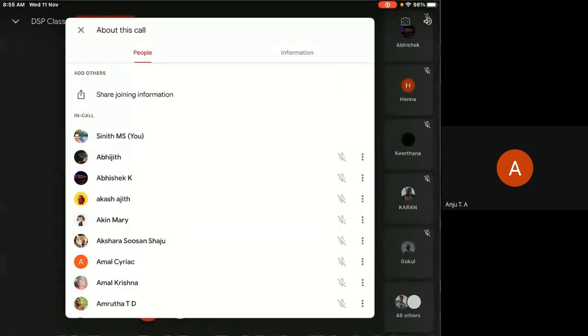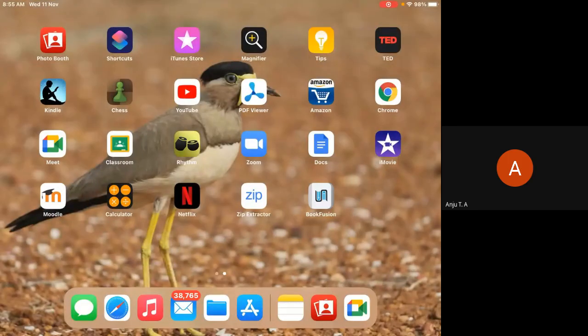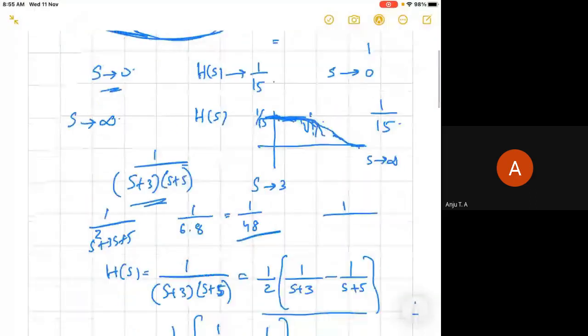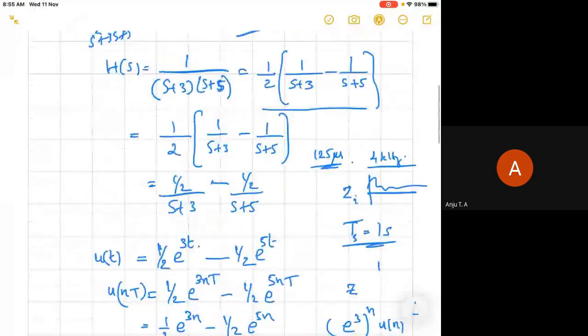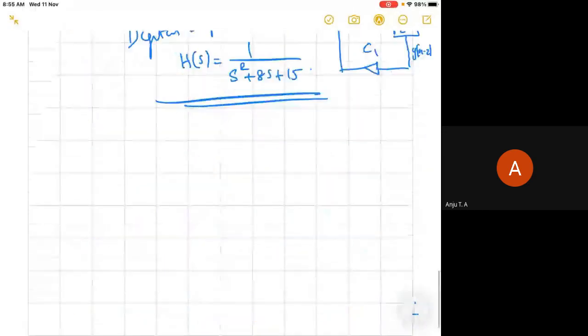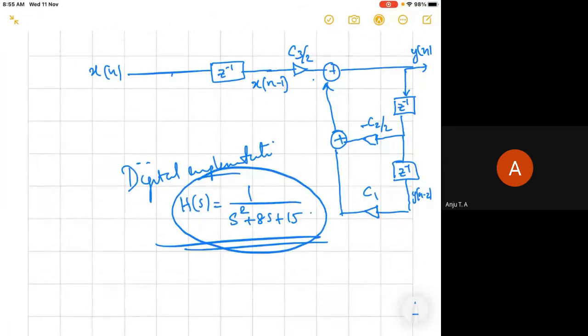Okay. Now, these are the basics of filter designing using the impulse invariance method. So this kind of analog filter, how do you normally design?